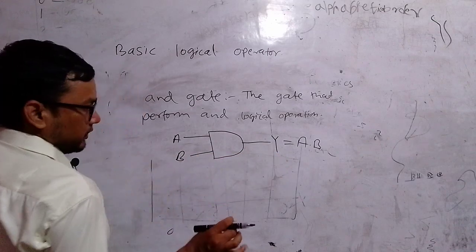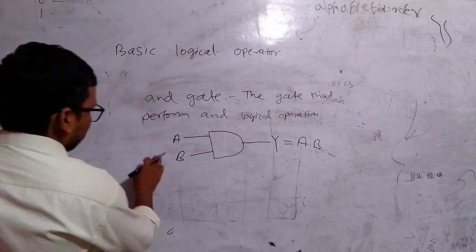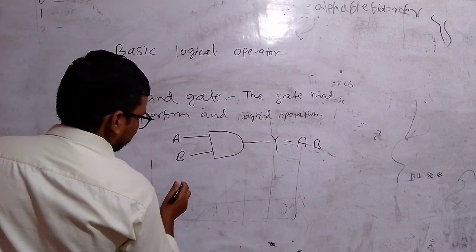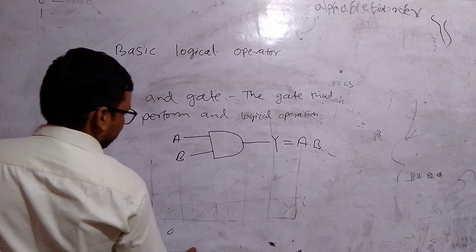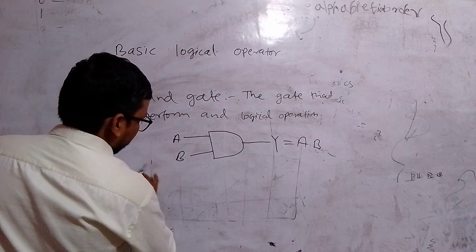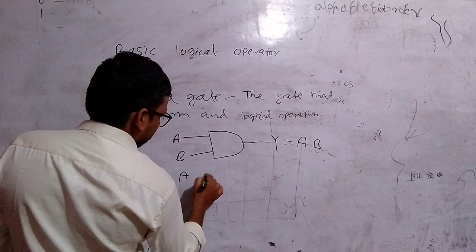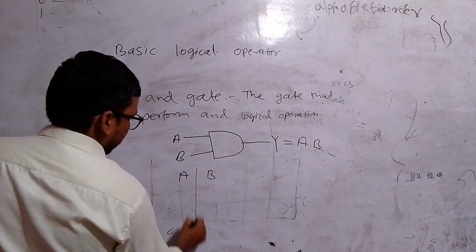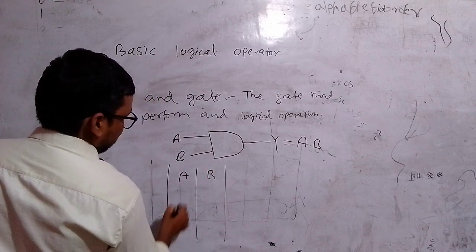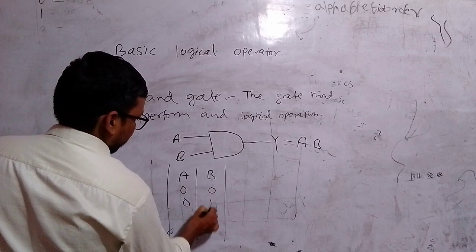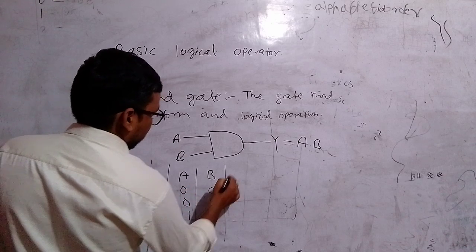And what will be the truth table for these operations? We have already mentioned it earlier, but let's write it again. AB: what are the possible values? 0 0, 0 1, 1 0, 1 1.